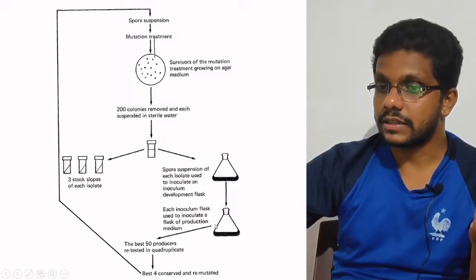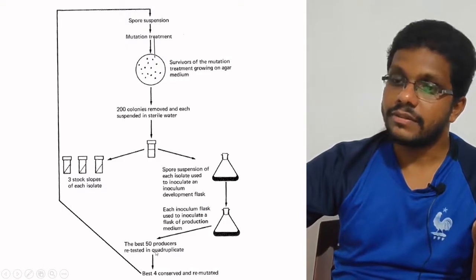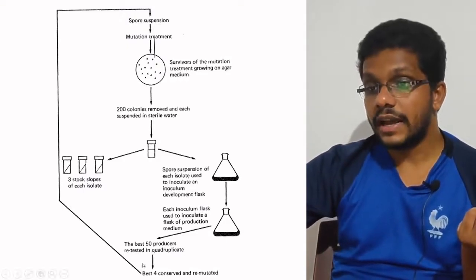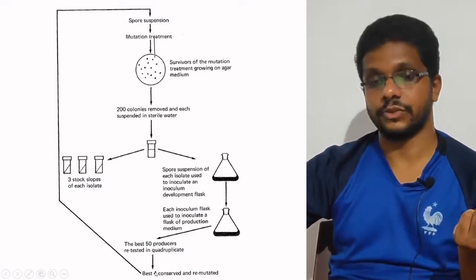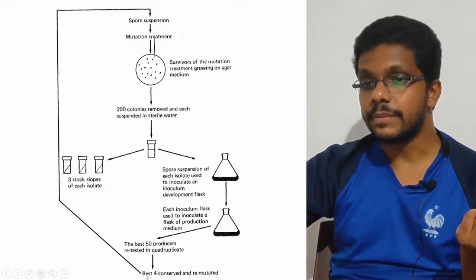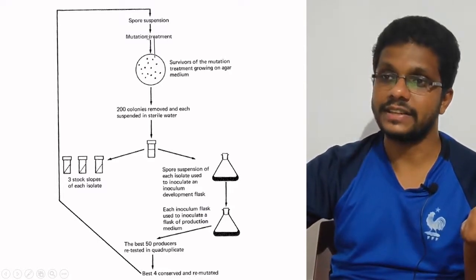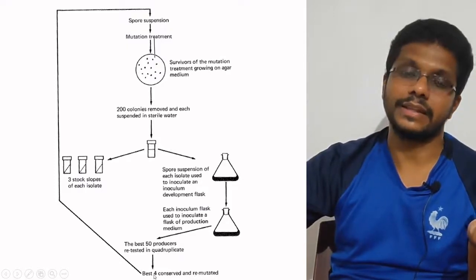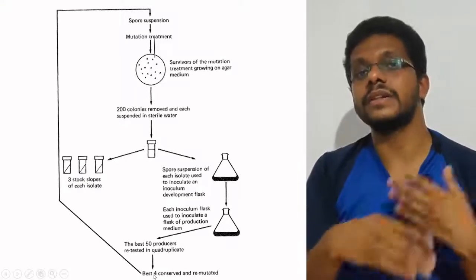We will again study the characteristics of these 50 producers, and out of these 50 we will select 4, and these 4 producers will be mutated and selected again, and we'll come up with another 4. So this process will go on forever.